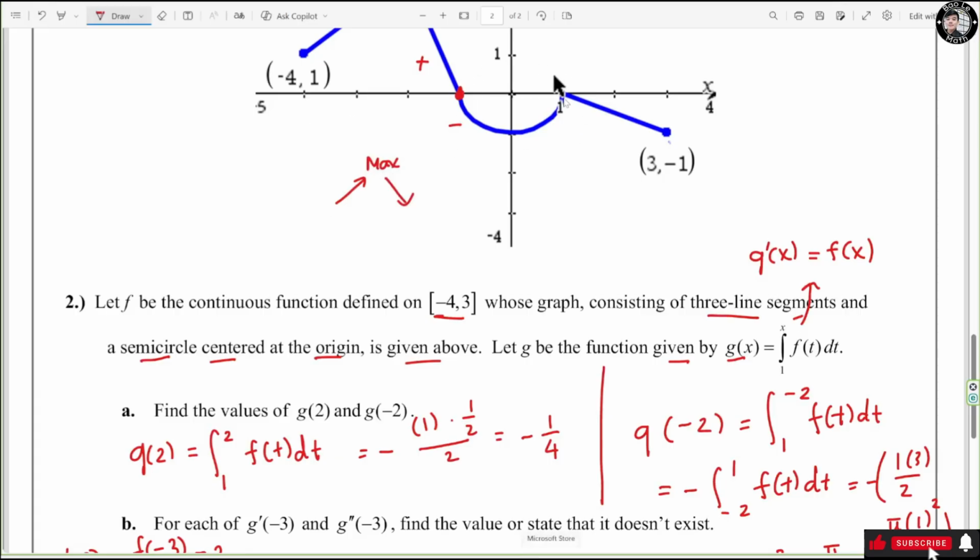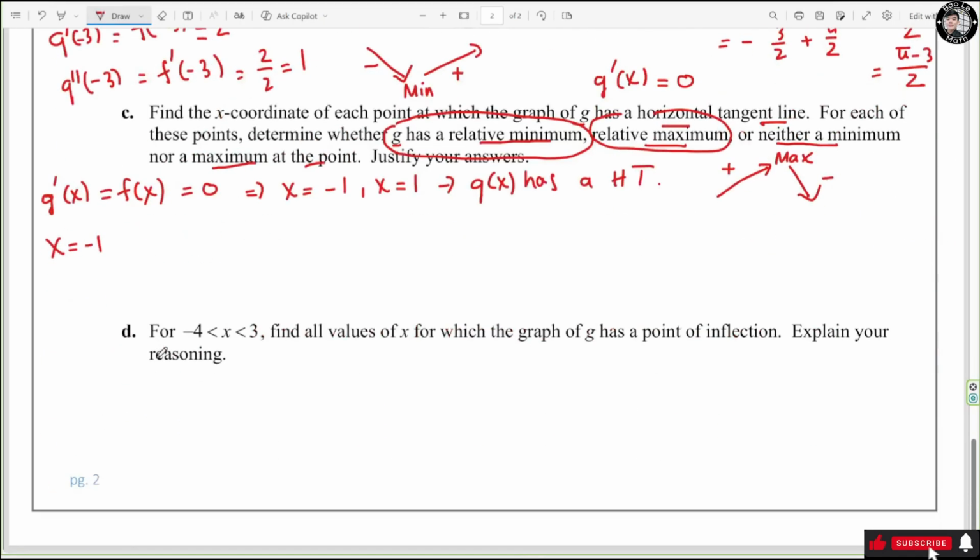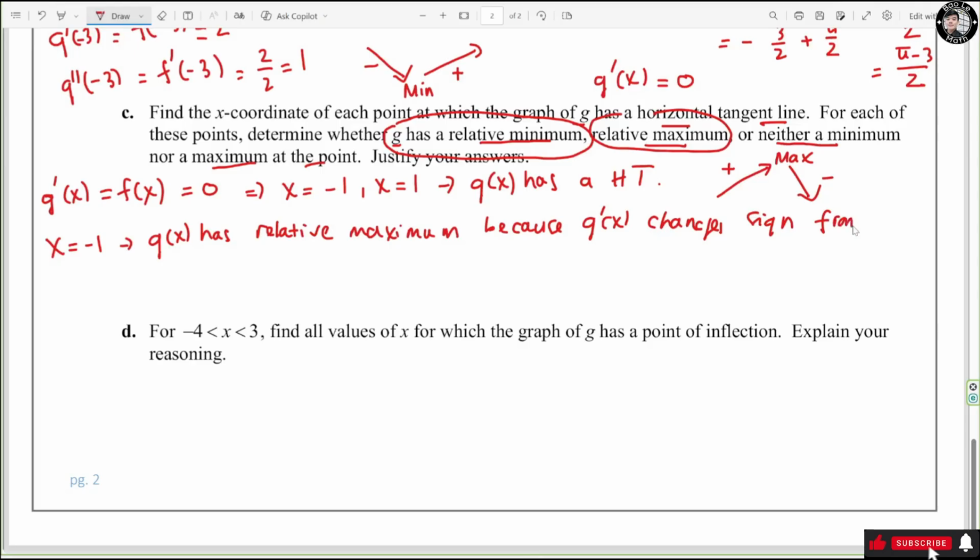Similarly, at 1 right here, the function does not change sign. It's negative and it's still negative. So we only have s equals negative 1. The function g of s has a relative maximum because the function g prime of s changes sign from positive to negative at s equals negative 1.